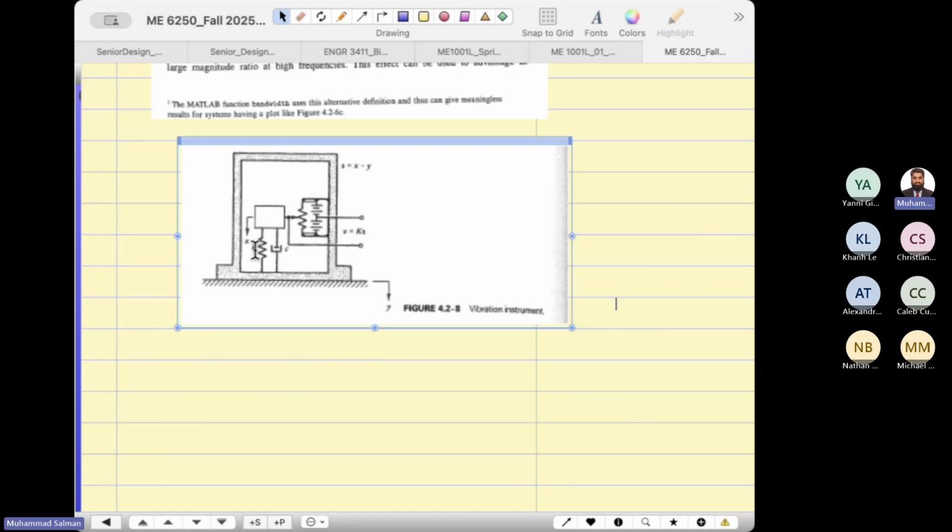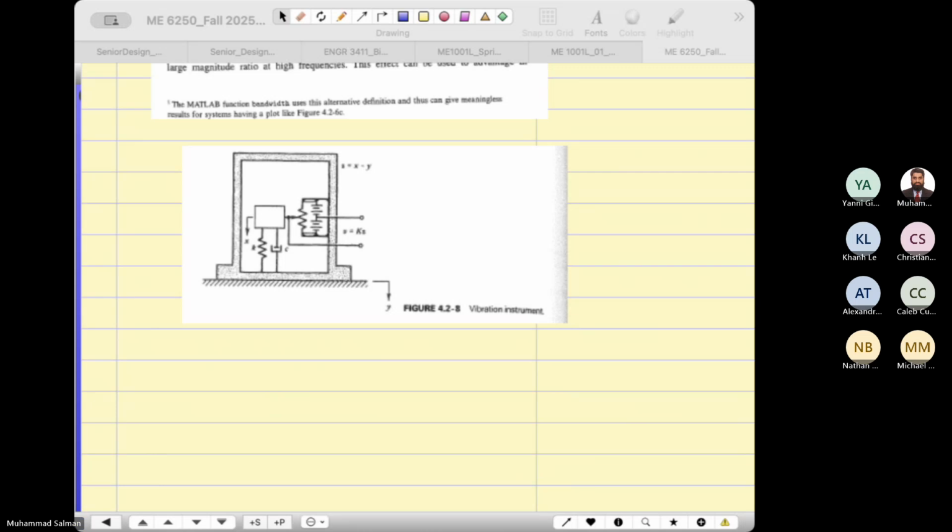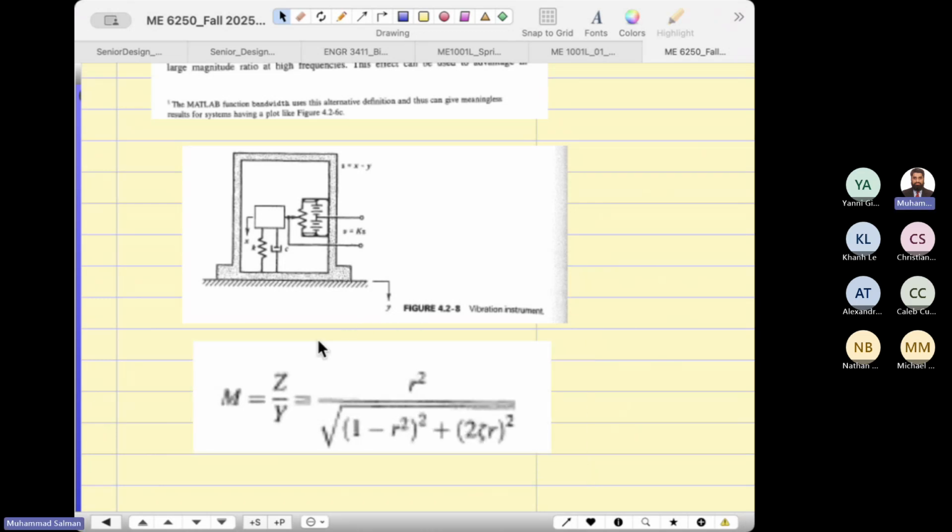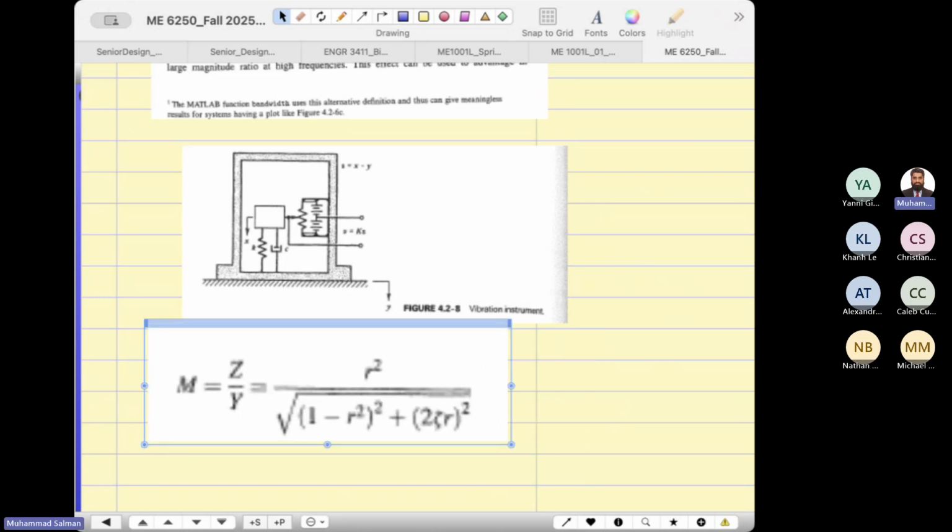This is a mass spring damper system, and the output is z over y. Z is the difference between x and y, so I can write it down here like this.